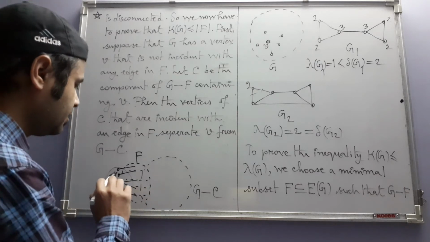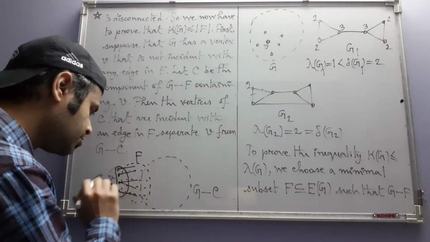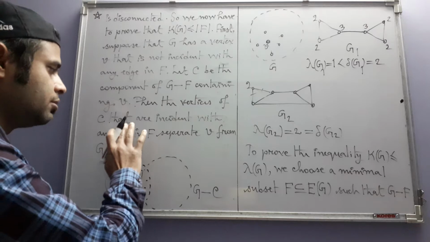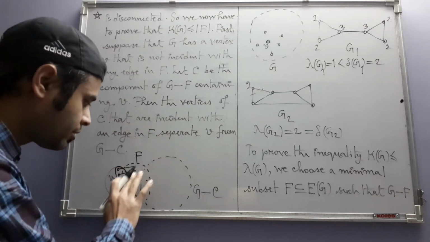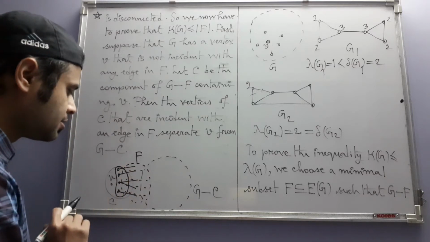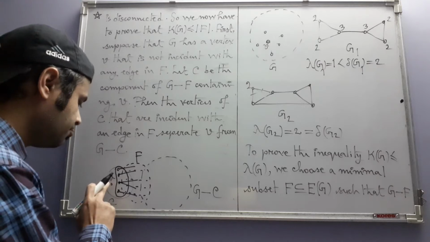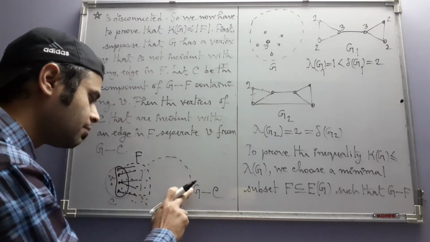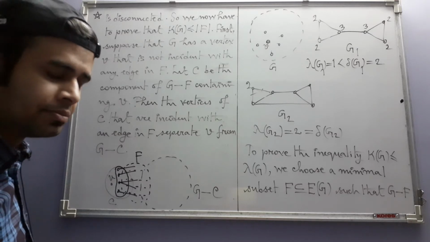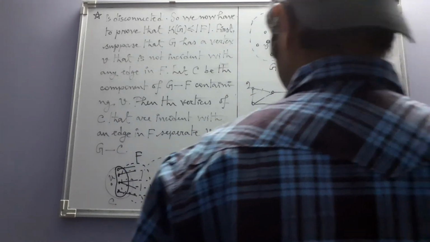We are saying that if we remove these chosen vertices, now we are talking about removing the vertices, not the edges in F, then after that removal, V will be separated from G minus C. How? Suppose that is not the case.